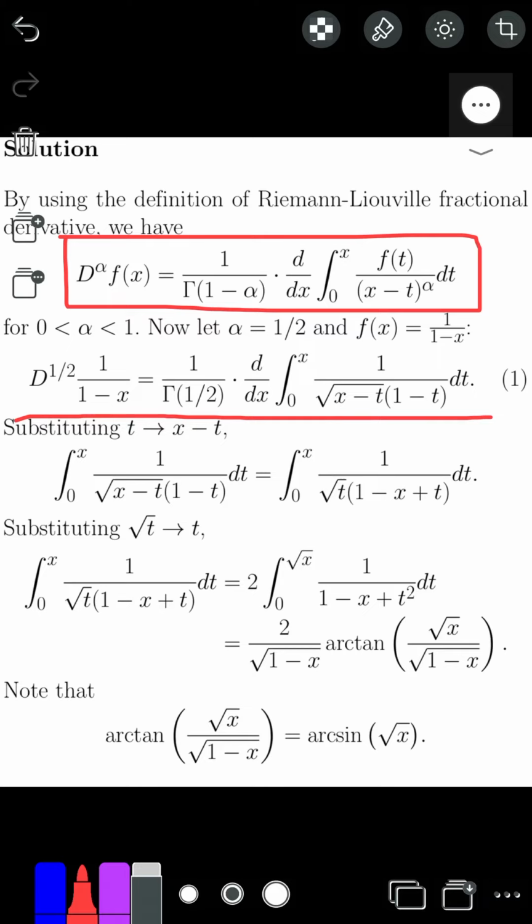Since f of x is 1 over 1 minus x, f of t is just 1 over 1 minus t, over x minus t to the power of alpha.